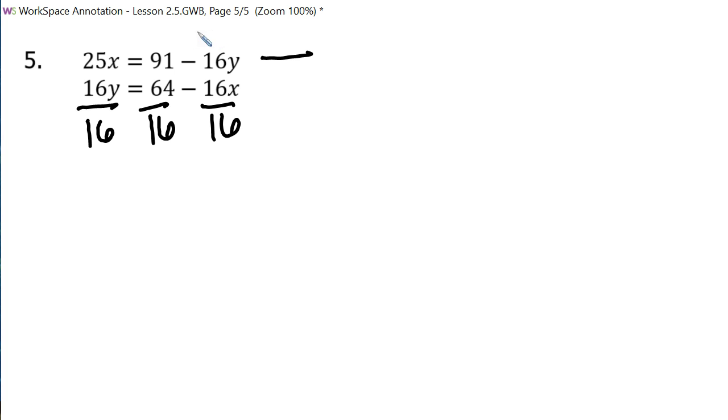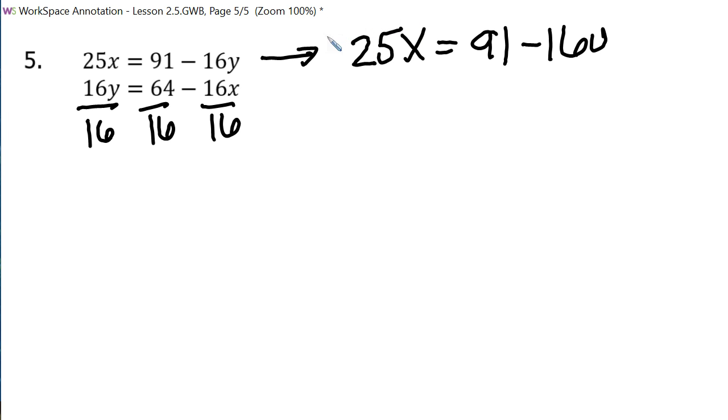So the top equation is staying the same: 25x equals 91 minus 16y. Bottom equation needs to be divided by 16. So 16y divided by 16 is just y. 64 divided by 16 is 4.